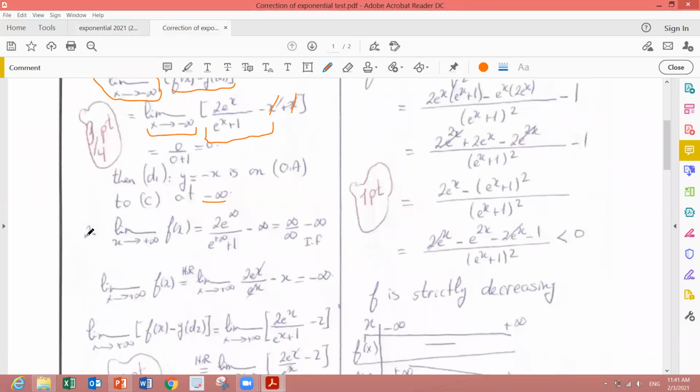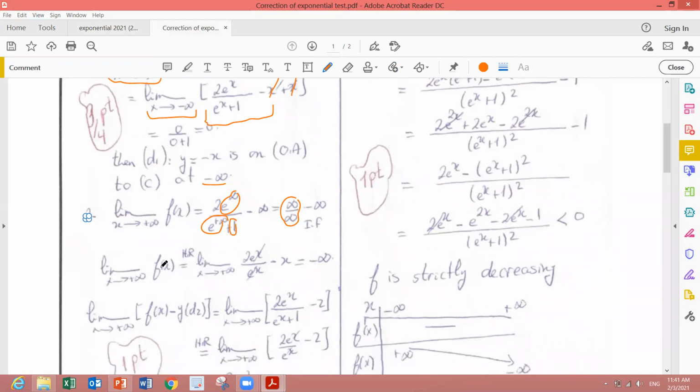So the limit as x tends to plus infinity of f(x): we replace each x by infinity. It becomes 2e to the infinity over e to the infinity plus 1, minus infinity. e to the infinity is infinity, so infinity over infinity minus infinity. This infinity over infinity is indeterminate, so we apply L'Hopital's rule.